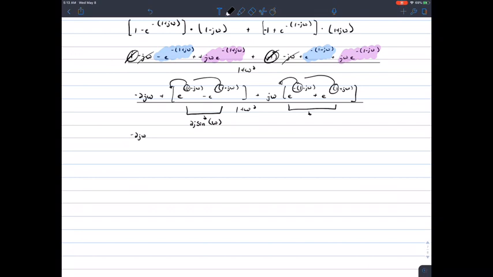Okay, this is going to be a cosine, 2 cosine of omega. Okay, plus 2j e to the negative 1, the constant we moved out, times sine of omega, j omega e to the negative 1 cosine of omega.